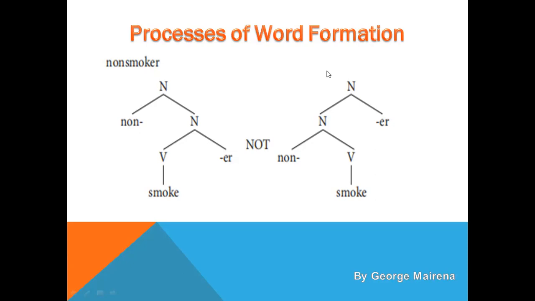Now, if you see on the word, we have an affix, right? At the beginning, an affix is a prefix. We have non, so we're going to divide the noun into the affix and the noun, smoker, because we also have the word smoker.